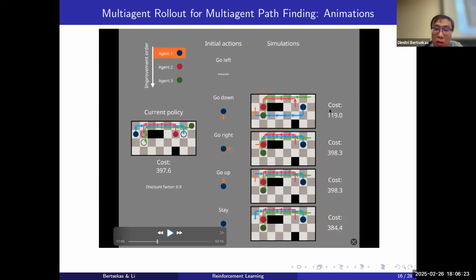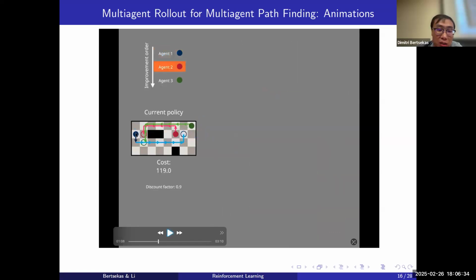Now you can see the cost starting from 397 has reduced to 119, which means there is only one collision. And you can see agent 1 has made an effort to try to avoid agents 2 and 3, right? So this is the first step.